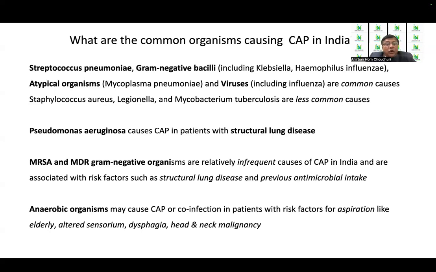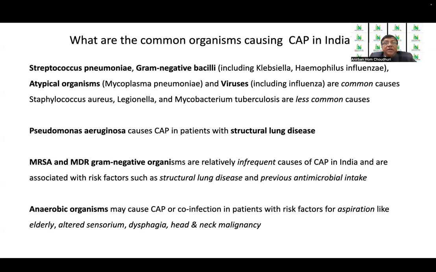Anaerobic organisms can also cause community-acquired pneumonia, or co-infection along with other microorganisms, in patients who have risk factors for aspiration, like the elderly because of their poor cough reflexes, altered sensorium, again for the same reason, dysphagia, and head and neck malignancy.